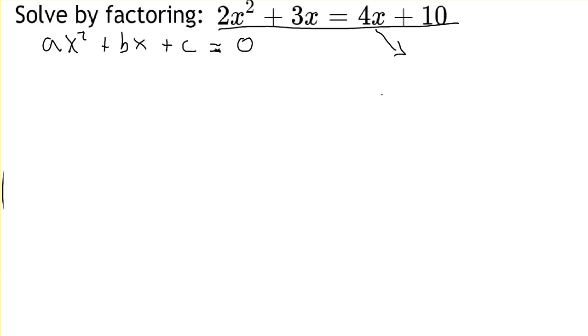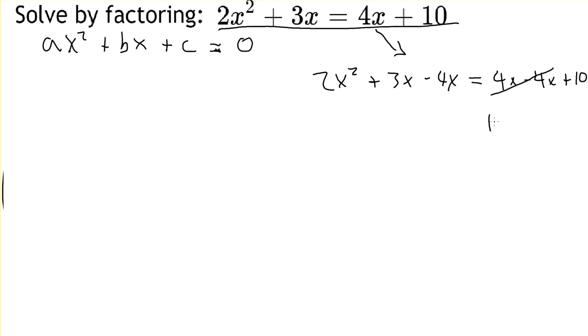So what we're going to do is subtract 4x from each side. And what do I get? I get 2x squared plus 3x minus 4x, right? If I subtract from the left-hand side. And then I get 4x minus 4x plus 10, right? And of course, the whole idea was to get that to cancel, right?